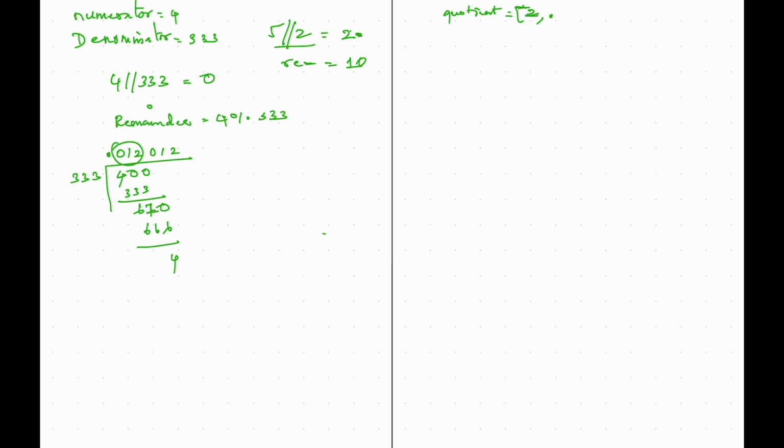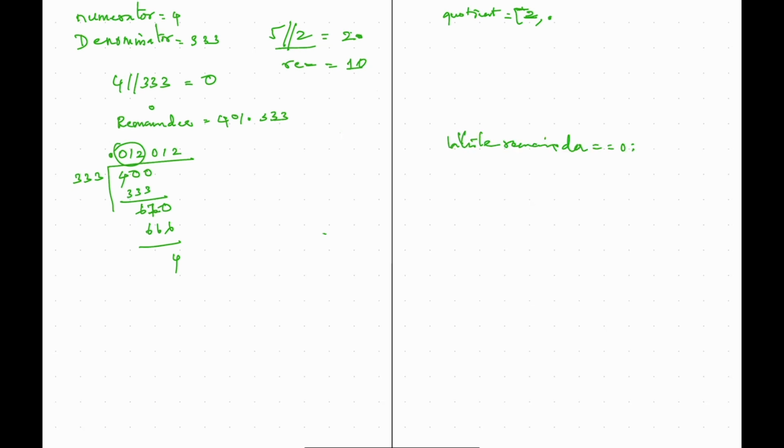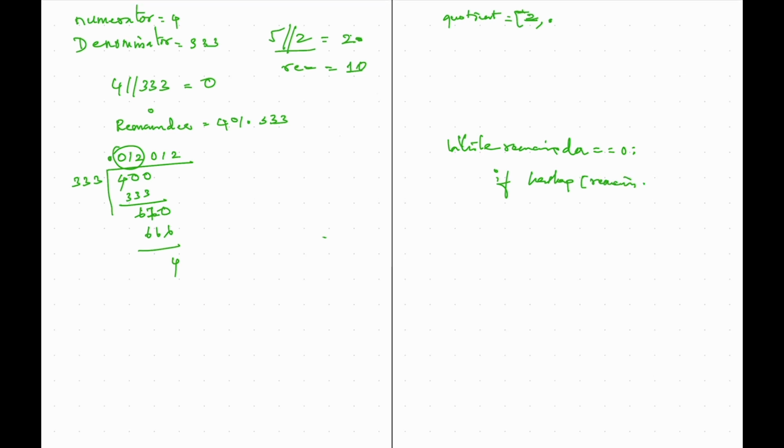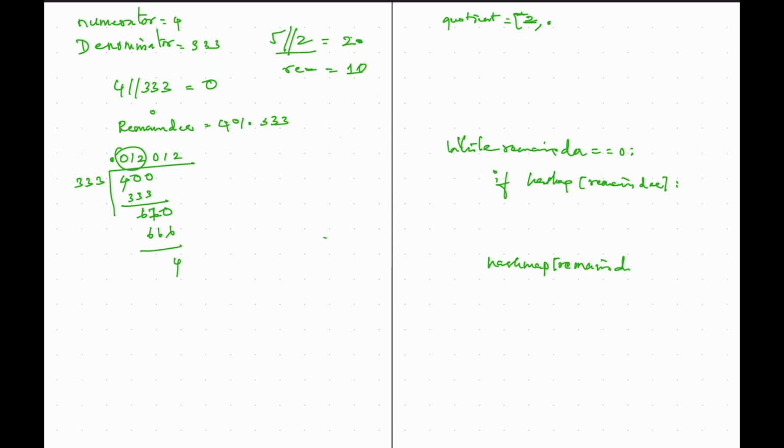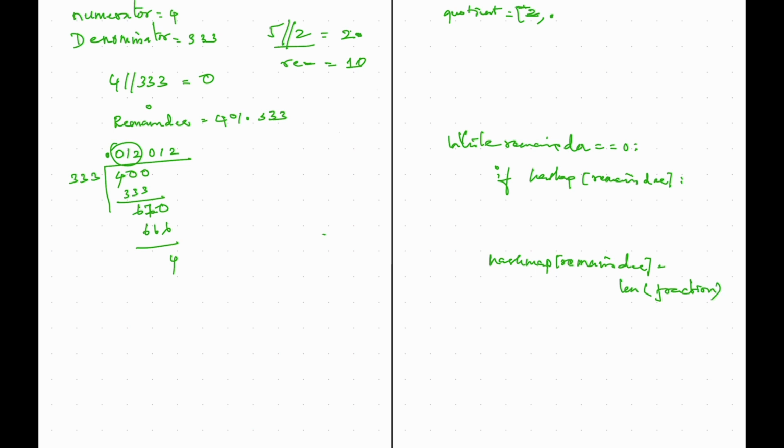After that, while the remainder is not 0, we check whether the remainder exists in the hash map. If so, we have to handle that case. Else, for the hash map of remainder, we store the length of the fraction so far. I'll tell you why we are storing this length.